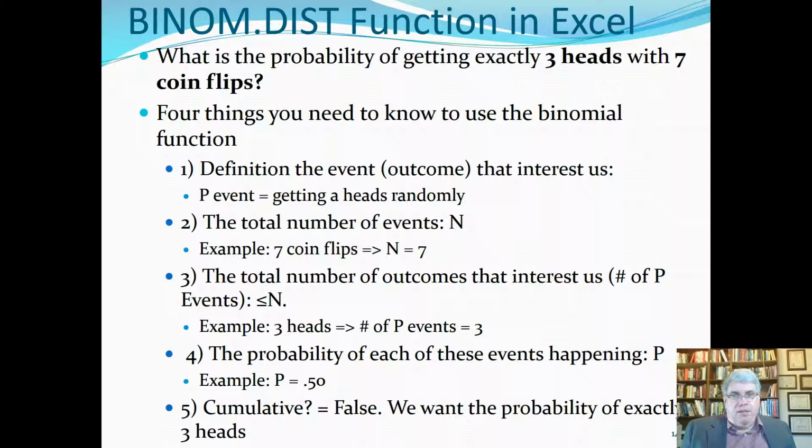And so the probability for getting heads is 50%. And then we have to know if it's cumulative or not. In this case, we want to know the probability of getting exactly 3 heads with 7 coin flips. And so that means it's not cumulative. We just want to know the probability of 3. If we wanted to know the probability of getting 3 or fewer heads, that would be cumulative.